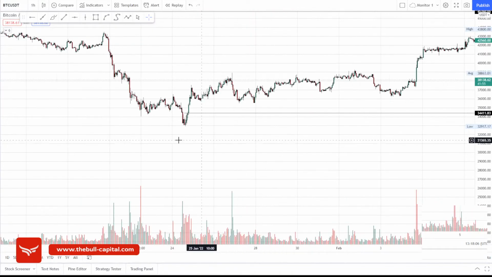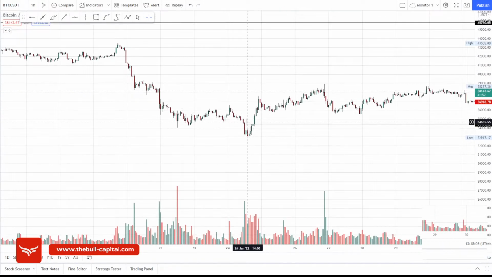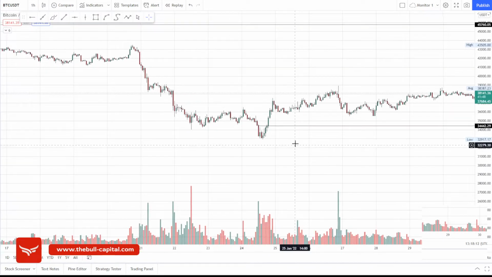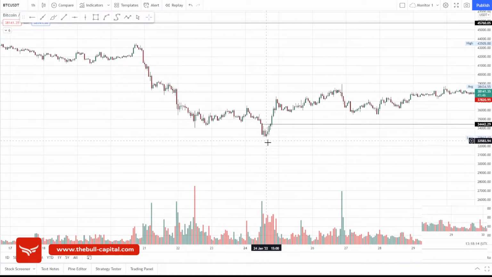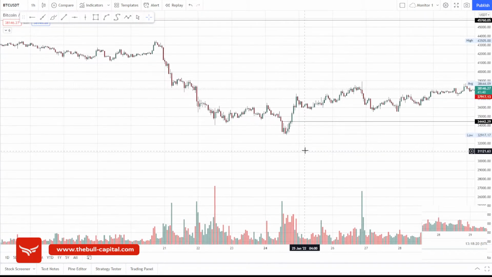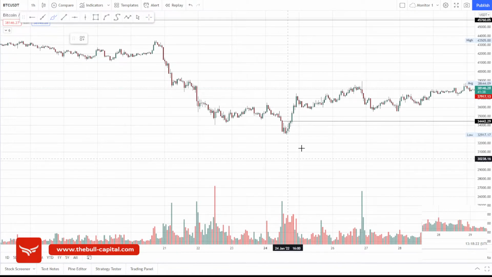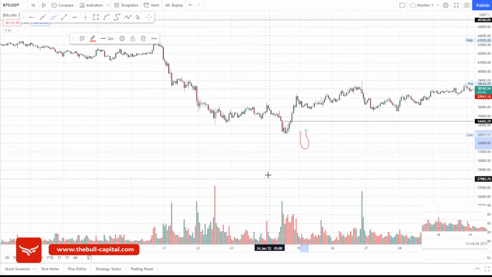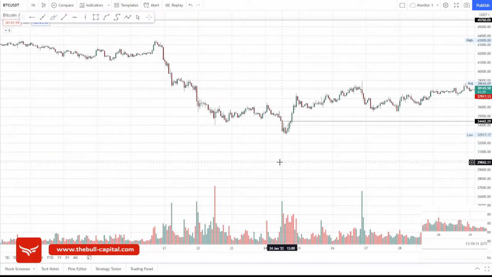Yeah, here it is. So this is a hold level. It prevents the price from moving lower. So you're actually looking for something like this.